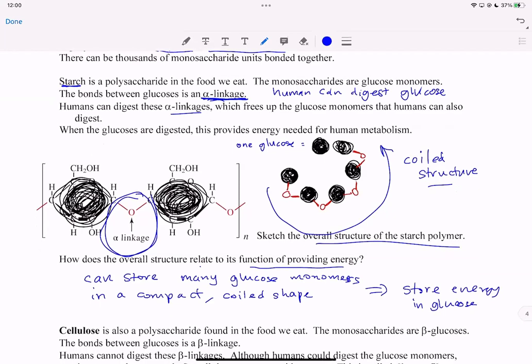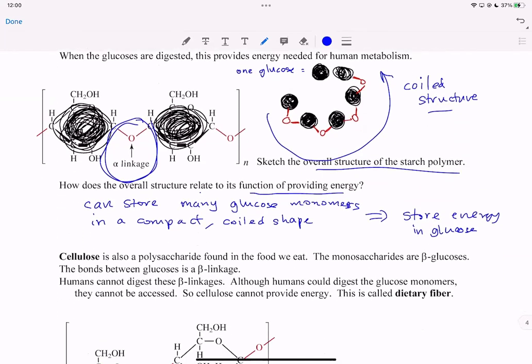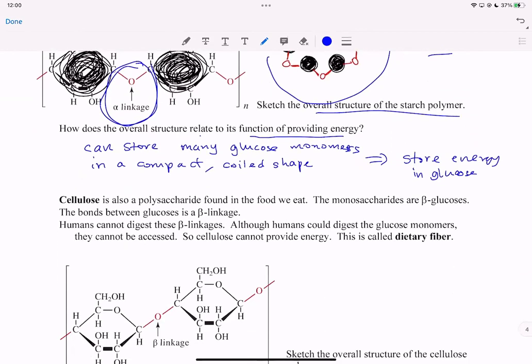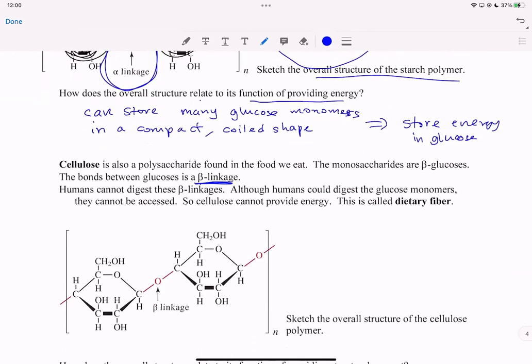Okay. So cellulose is also a whole bunch of glucoses. But what's different is the linkage between those glucoses. It's the beta linkage. And humans cannot digest those. So that's the interesting thing, we can't break this down. And so these glucoses all stay stuck together.